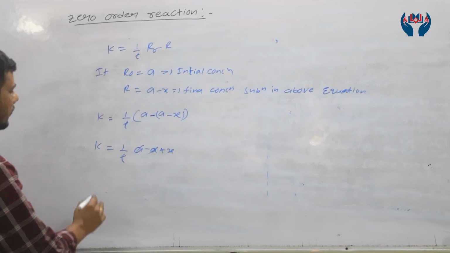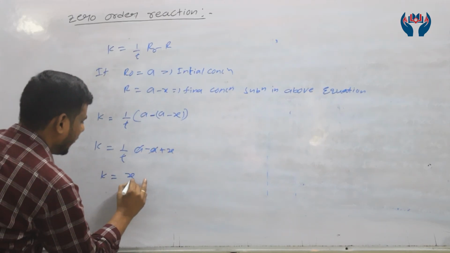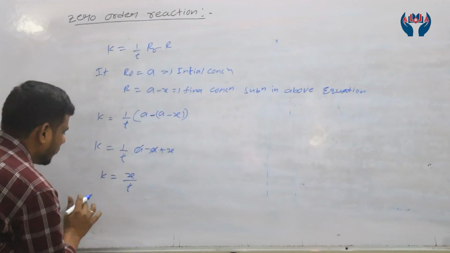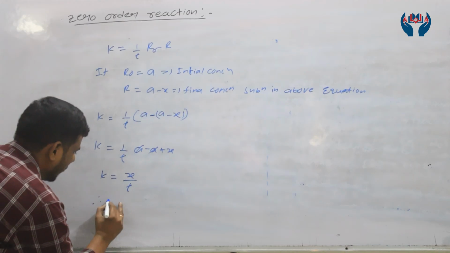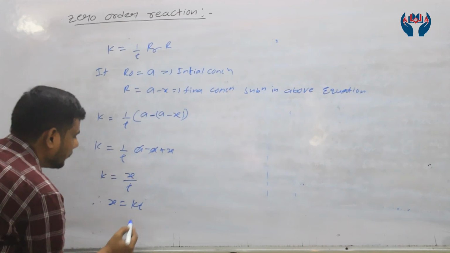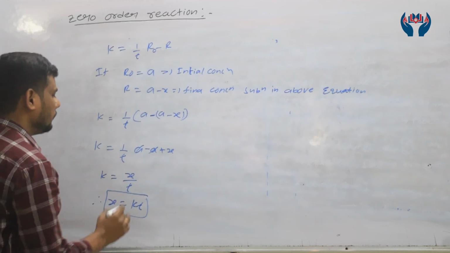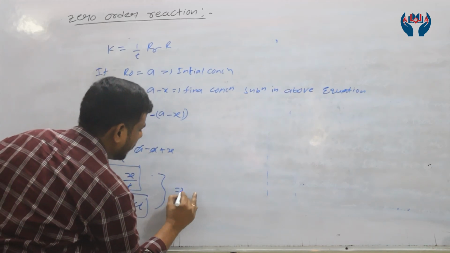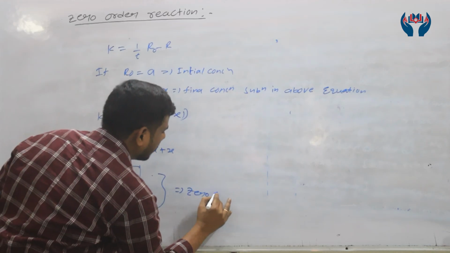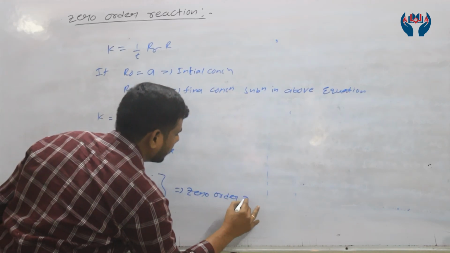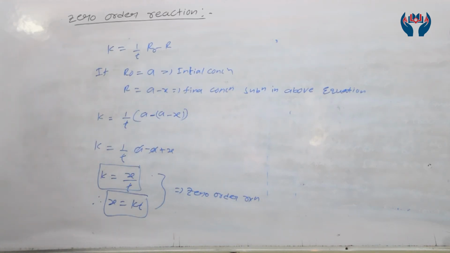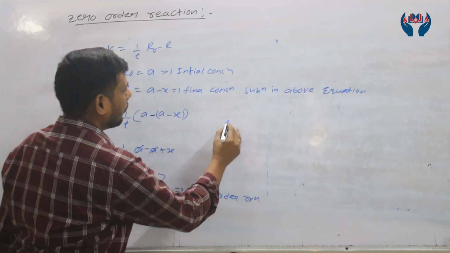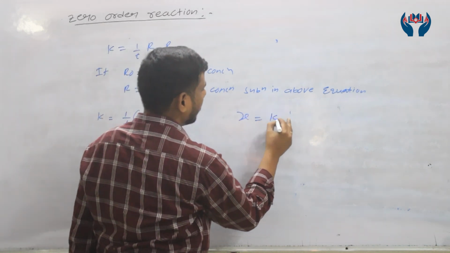This a is cancelled. Therefore, K equal to x by t, so x equal to K t. These are for zero order reactions.